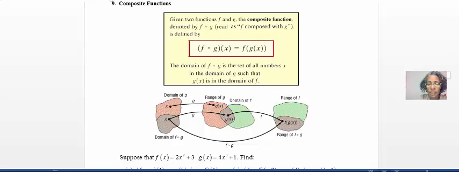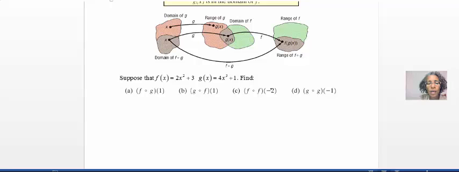So let's take a look at this. F of x is 2x squared plus 3. G of x is 4x cubed plus 1. So I want to find f of g of 1. Well, that means I take 1, and I have to be able to put that into g. And whatever g of 1 is, that has to go into the function f.